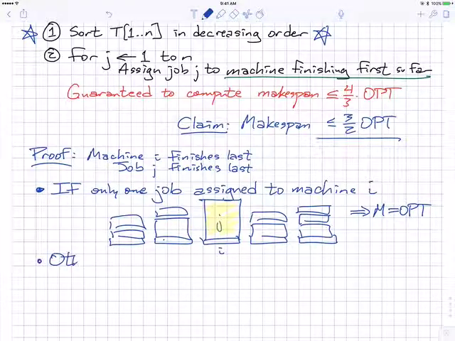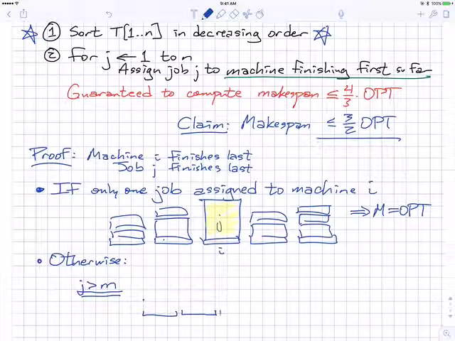Otherwise, there is more than one job assigned to machine I. In this case, I claim that J must be larger than M. Why is that? M, remember, is the number of machines.